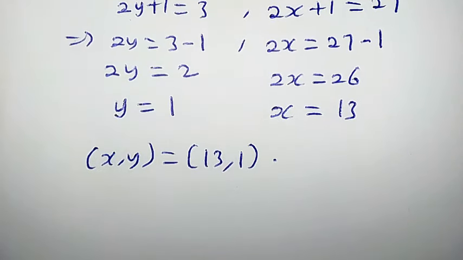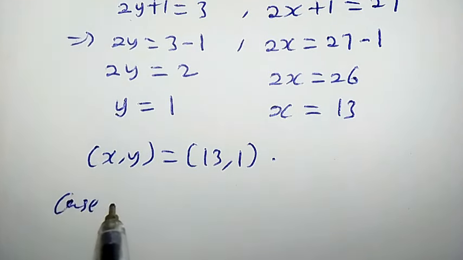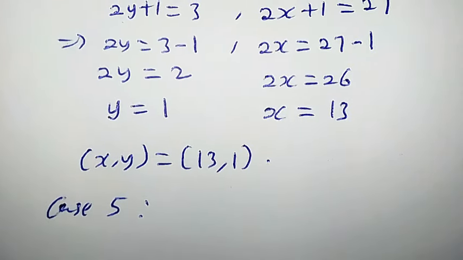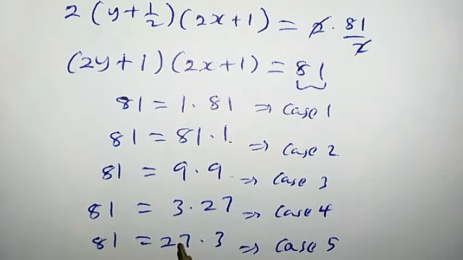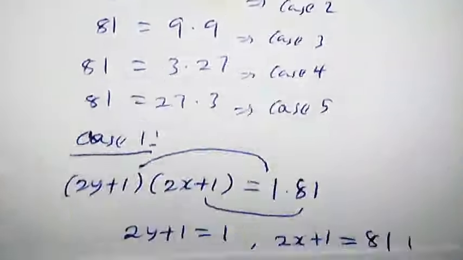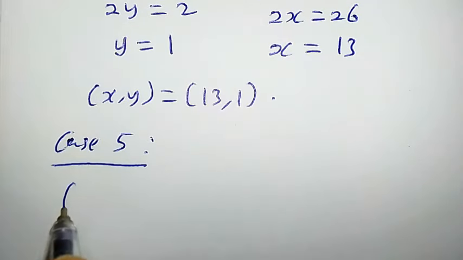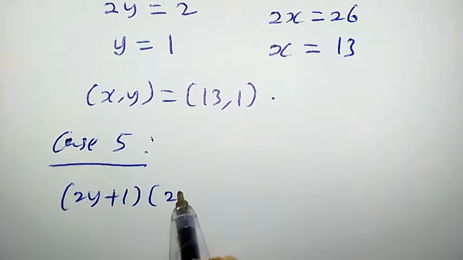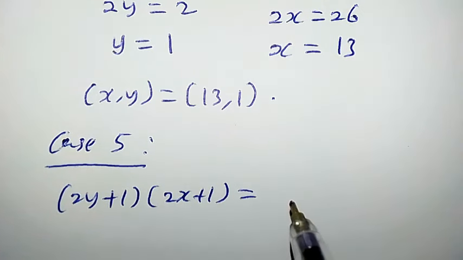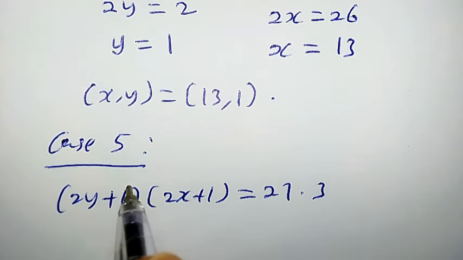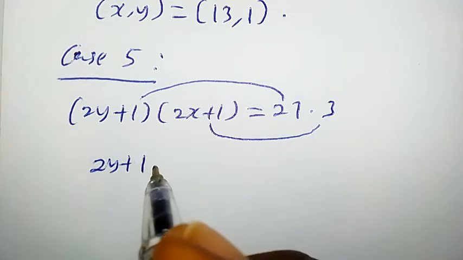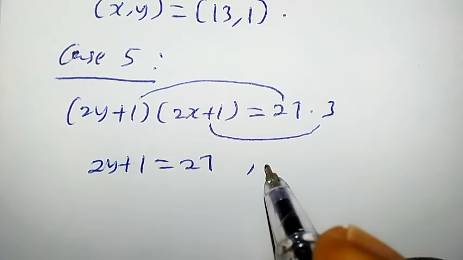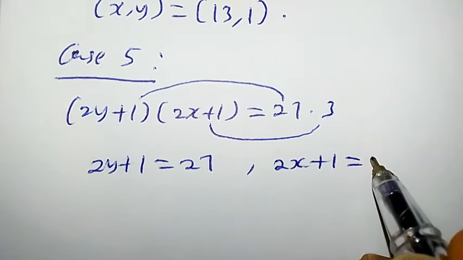Now, for the last case, case 5, we are going to replace this 81 with 27 times 3. Let us do that. So we have (2y plus 1) times (2x plus 1) equal to 27 times 3. By comparing, this term will be equated to 27, and 2x plus 1 will be equated to 3 also. 2y plus 1 equal to 27 and 2x plus 1 equal to 3.